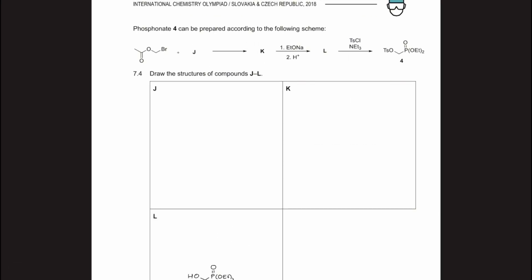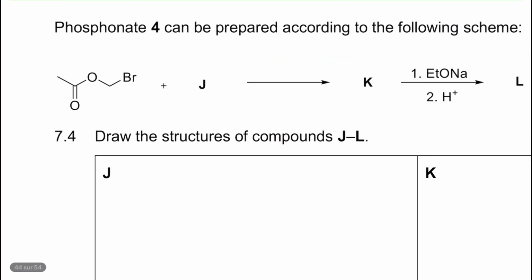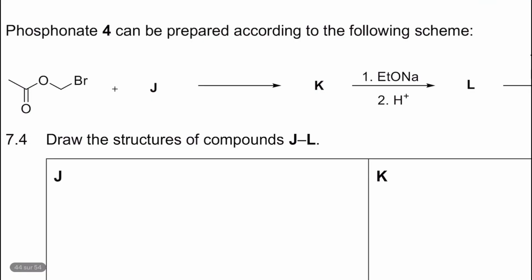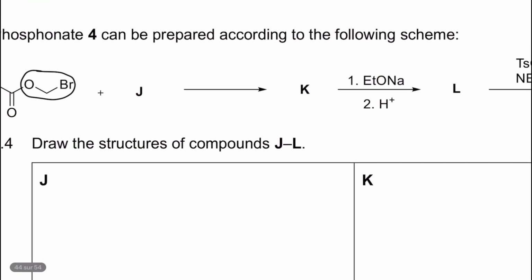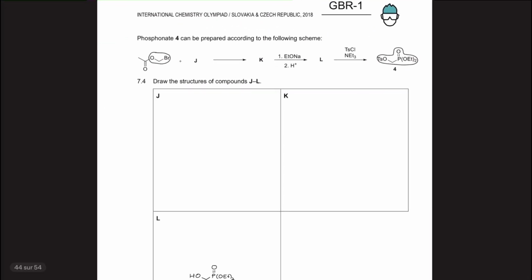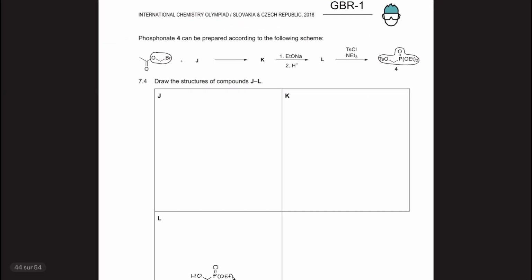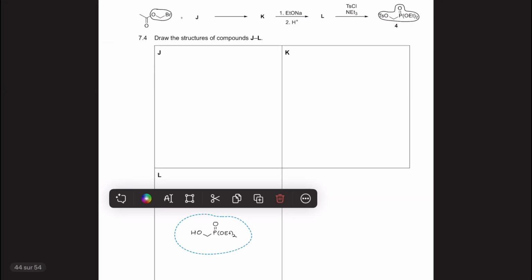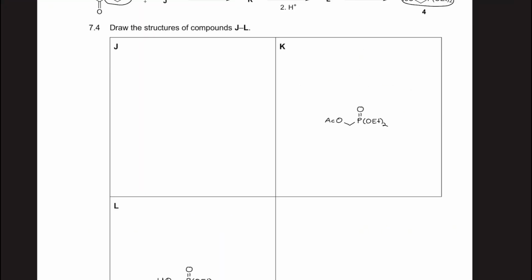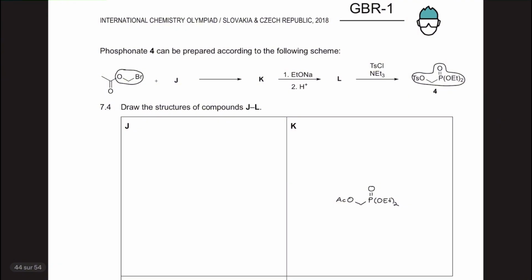Then the step before that, we treat with sodium ethoxide and a proton. I have a feeling that this part right here is eerily similar to this. So I'm going to say that K is the acetate version of L. It's a transesterification, if you will.